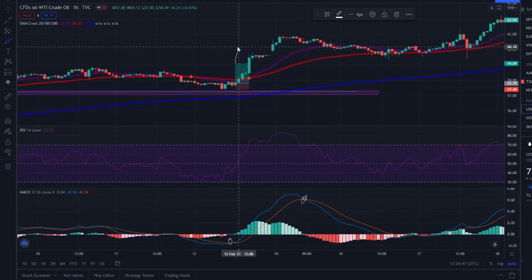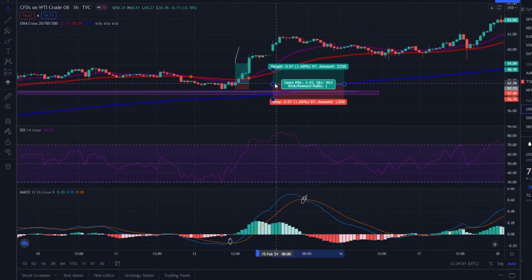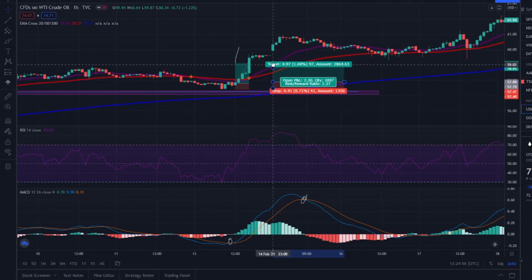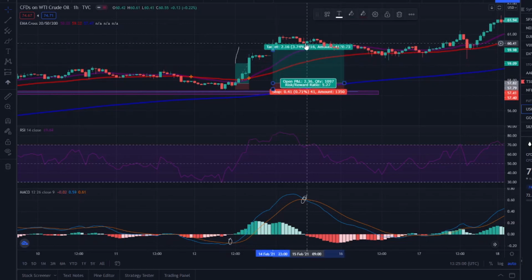So if we again take a trade here, exit would be, well, here around.